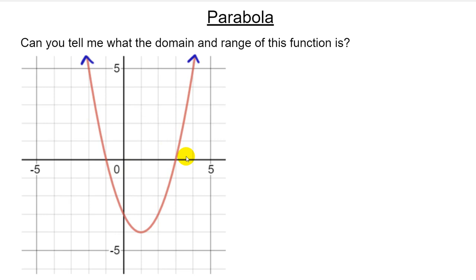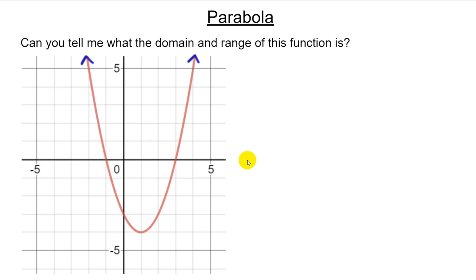So that means the way that we can represent the domain would be the x's consist of all real numbers. In other words, we can represent that with a negative infinity and a positive infinity. So that means x is going to approach negative infinity and x is also going to approach positive infinity. Or in other words, all real numbers. That would be the domain.